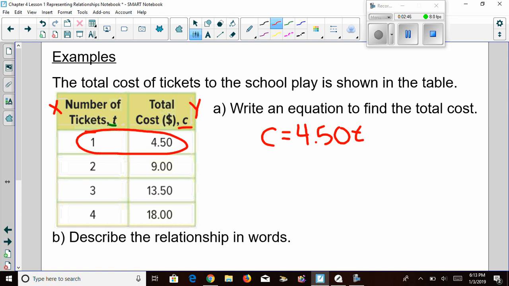And if we wanted to, we could double check that we have the right equation by testing it with, say, 2 tickets. We know that the cost C should be $9 if I take 4.50 and multiply it by 2.